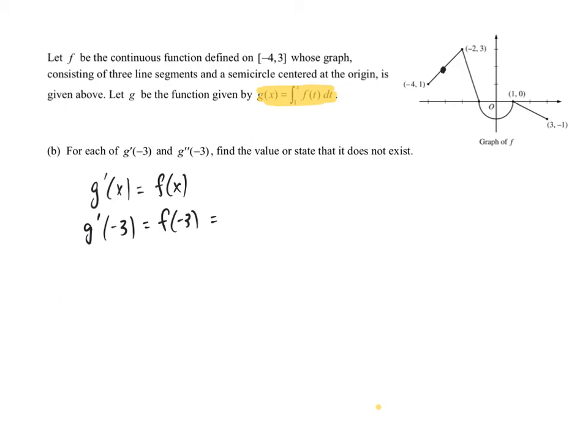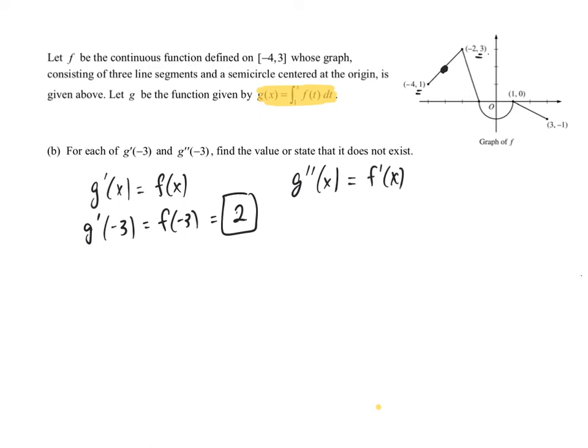Now, once again, just like in part A, the graph doesn't explicitly tell us what that y value is, but it definitely gives us a big hint. The y value here is 1, and the y value here is 3, and that point right here at -3 is the midpoint. And so the midpoint between the y value 1 and the y value 3 would be the y value of 2. Now for g double prime of -3, I notice that g double prime of x must be f prime of x.